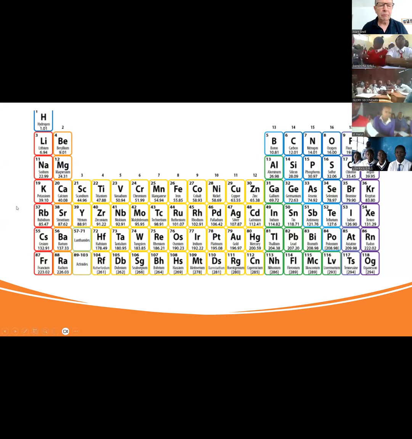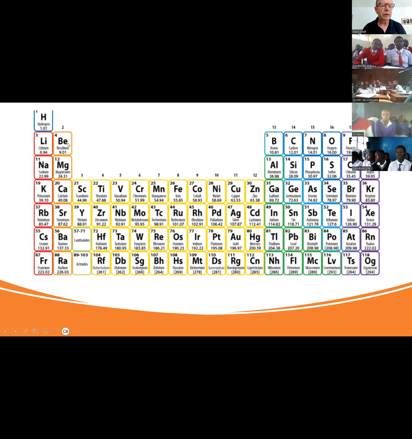Here is a modern periodic table. The modern periodic table is shaped like this. It has another two periods down underneath, which actually fit into these gaps here. You might be very familiar with this kind of periodic table.